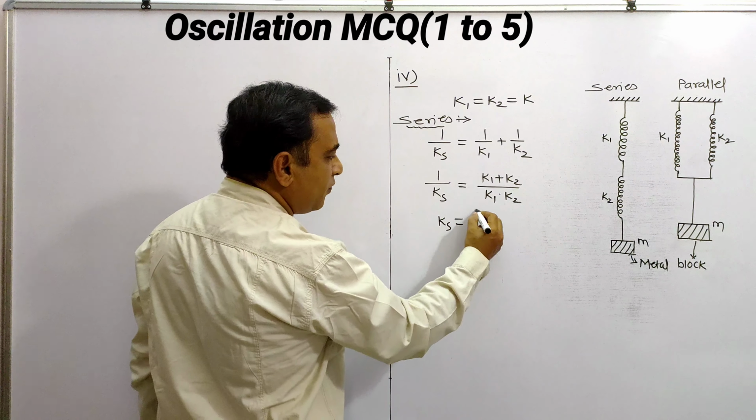What about this Kp? 2K. So this K gets cancelled. The only remaining factor is under root of 1 by 4. But if it is taken out of the square root, it is 1 by 2. That means Ns is to Np is equal to 1 is to 2.